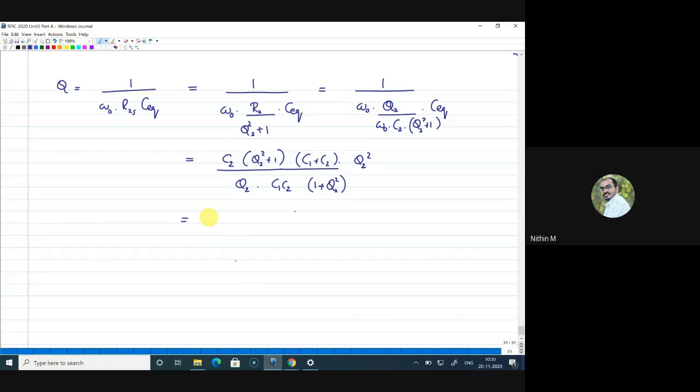Yeah. So now if I simplify this, I can write this as C1 Q2 square plus C2 into 1 plus, let me check whether this is correct.